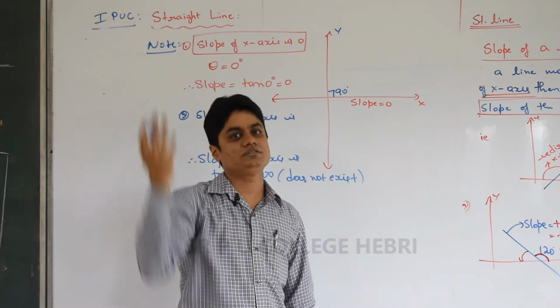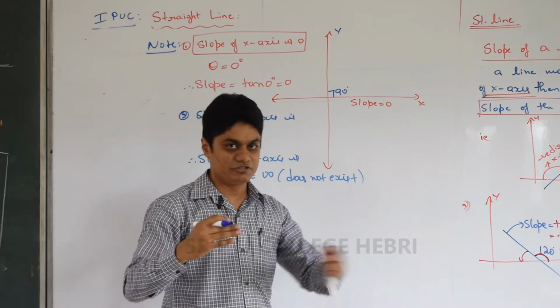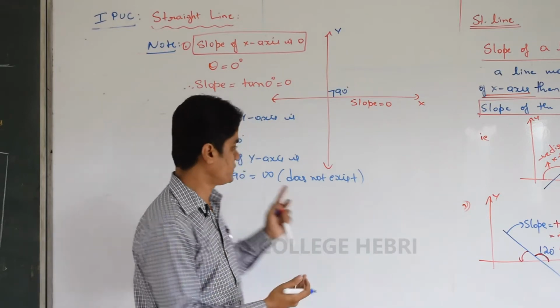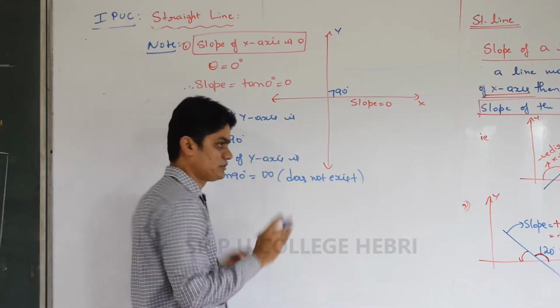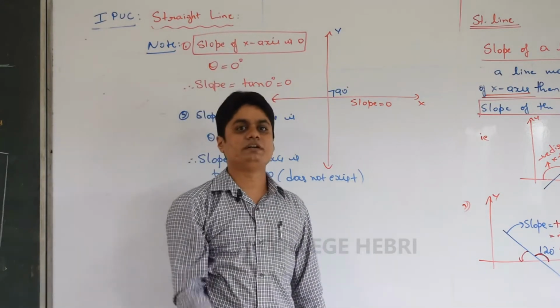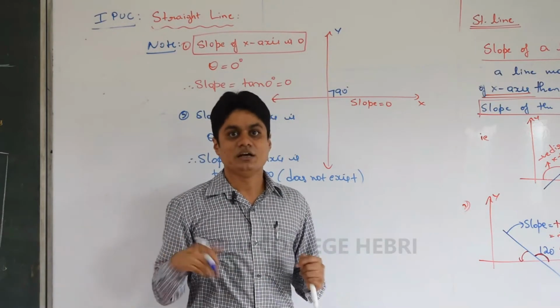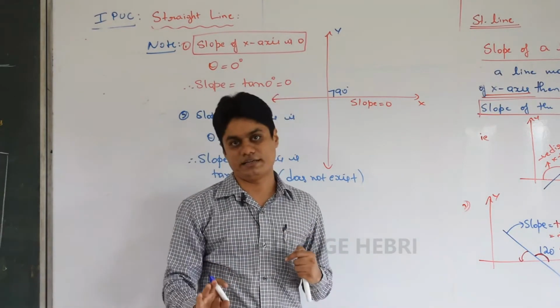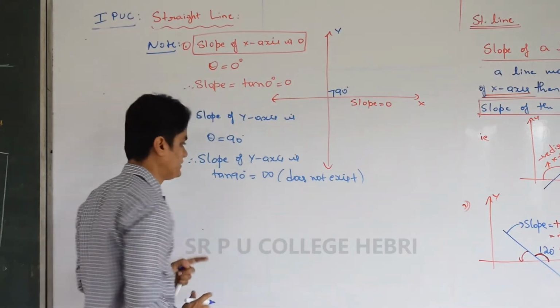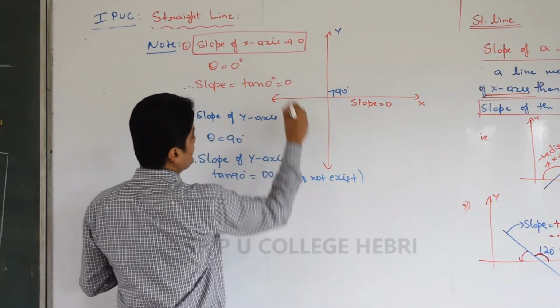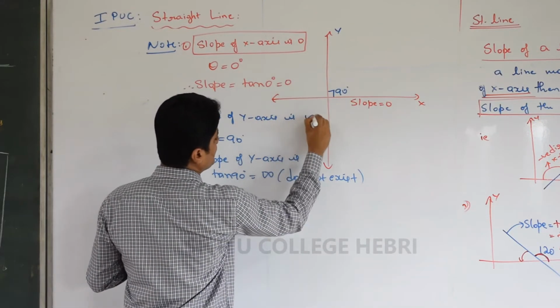But if it is vertical, how can you travel? Mathematically, the slope of a vertical line does not exist, and the y-axis is a vertical line. Please remember that: the slope of the y-axis is infinity or does not exist.